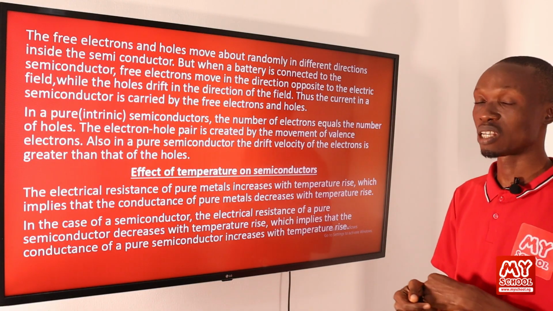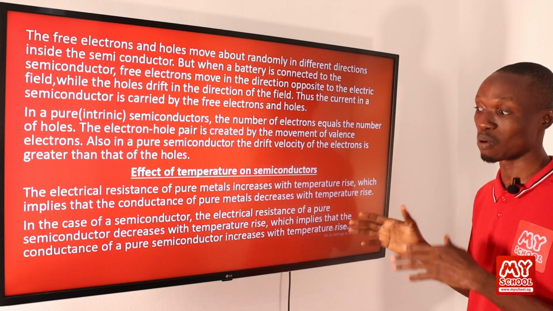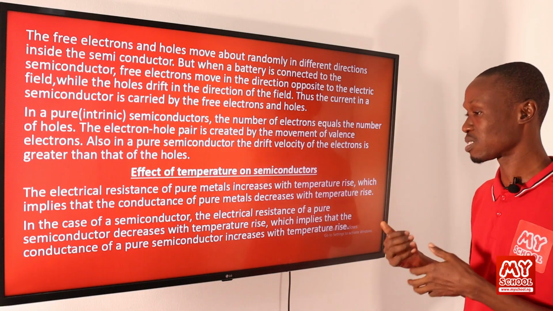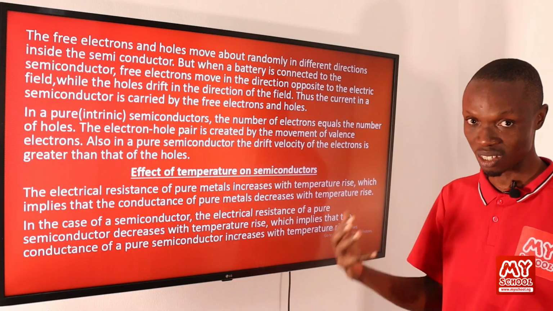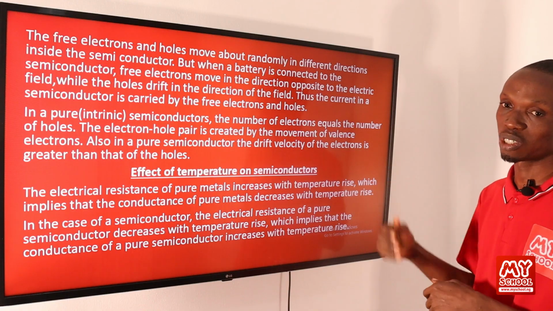But in the case of a semiconductor, the electrical resistance of a pure semiconductor decreases with temperature rise, which means that the conductance of a pure semiconductor increases with temperature rise. Let's move to the next slide.